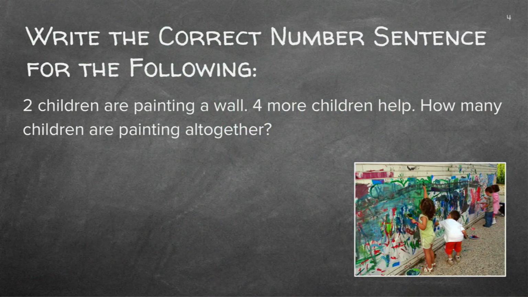So let's start. 2 children are painting a wall. 4 more children help. How many children are painting all together? So how many children are starting with the wall? 2. Let me just get a better color for you. 2 children started to paint the wall. Now, when they say 4 more children came to help to paint the wall, what do you think that calculation or that symbol will be?